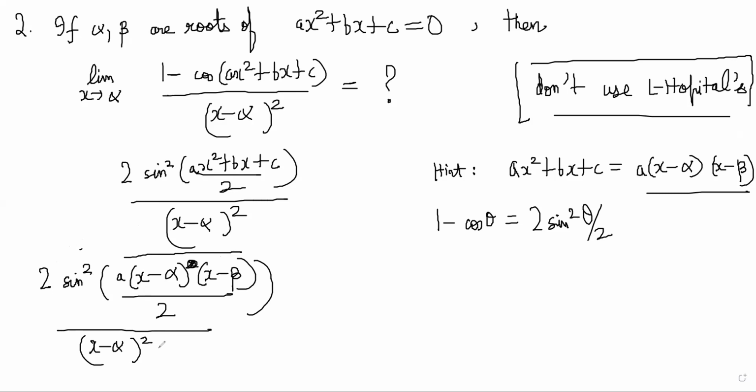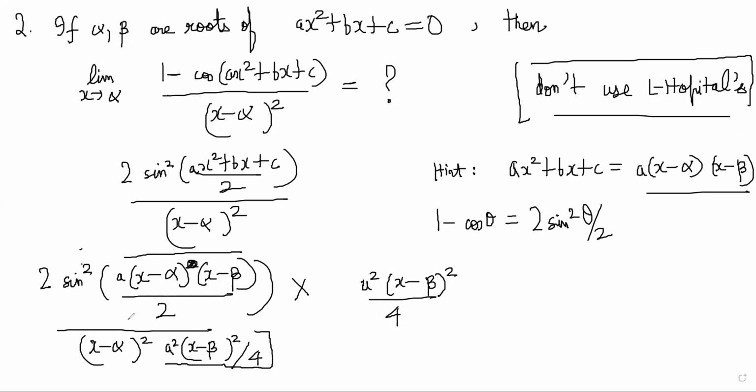And you have a square here, so you need a square x minus beta whole square by 4 in the denominator. Then only it will match completely. So you have to multiply by that a square x minus alpha x minus beta whole square by 4 because I have arbitrarily multiplied here.